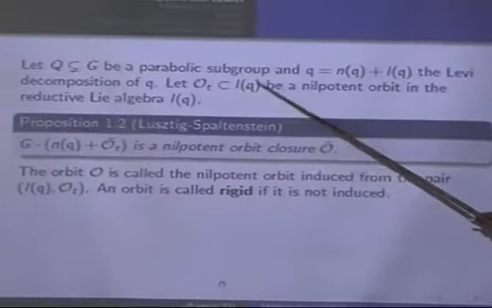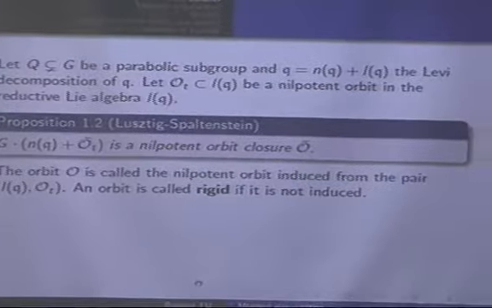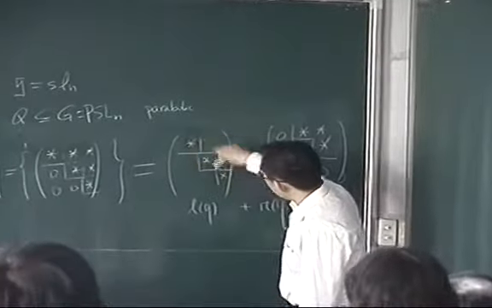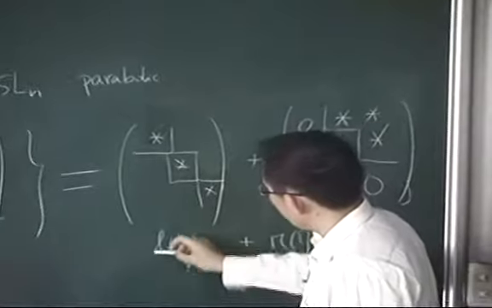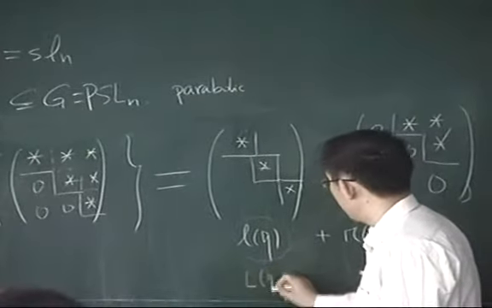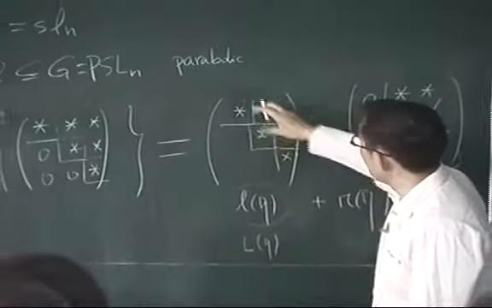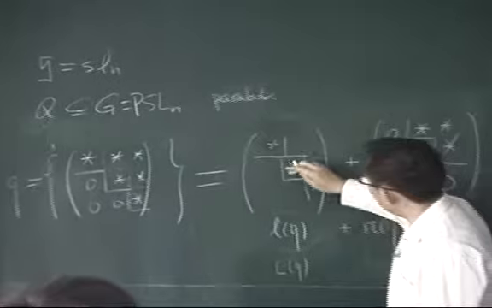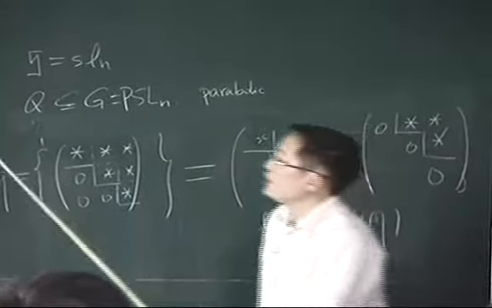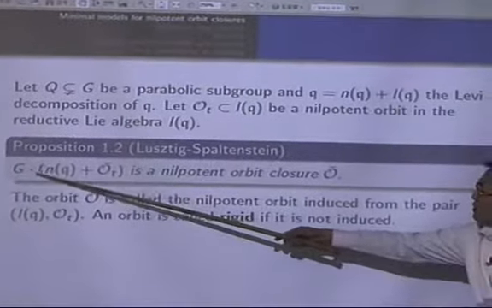Now what I take is a nilpotent orbit in this reductive part. The orbit is with respect to the action of the Lie group L_Q, not with respect to the action of G. So it's just a small orbit inside each term. Fix such a nilpotent orbit, then I can consider the action of G on this one.